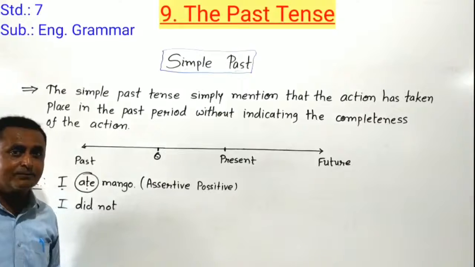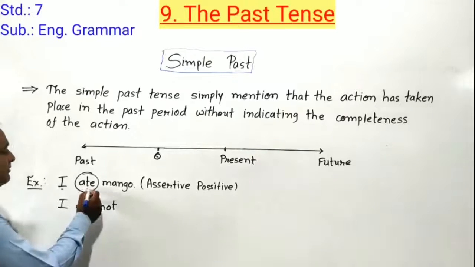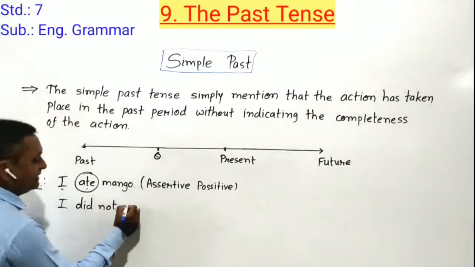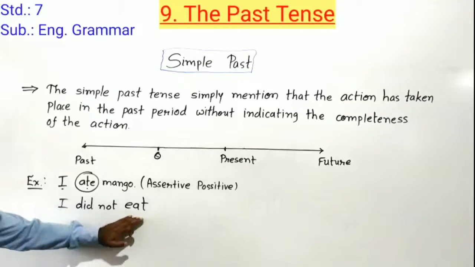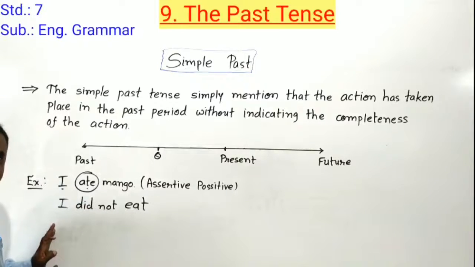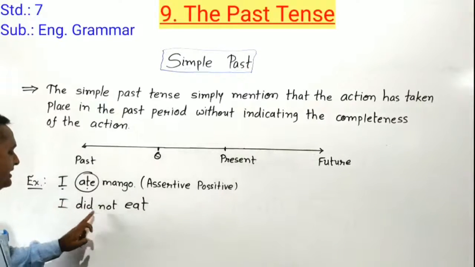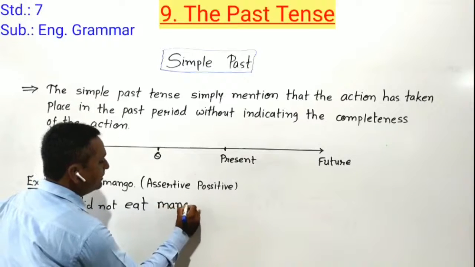But if we use any verb with did, we have to put V1 form only. So the V1 form of ate is eat. If you write ate, then your sentence will be wrong here. So: I did not eat mango.